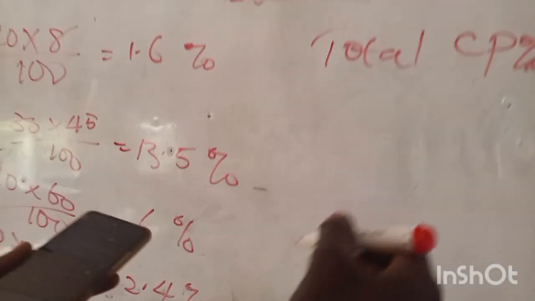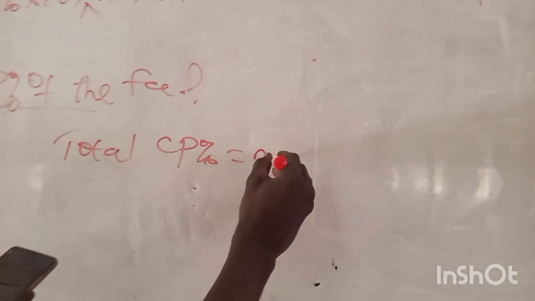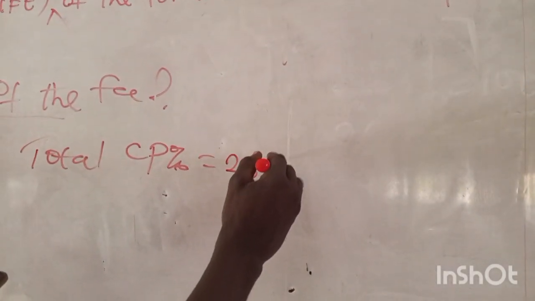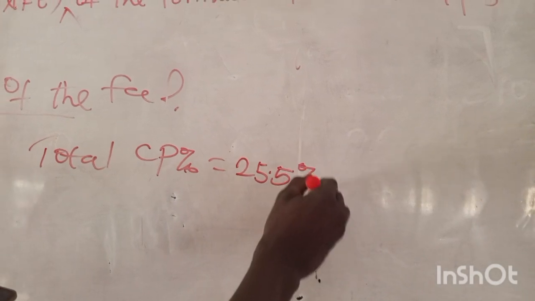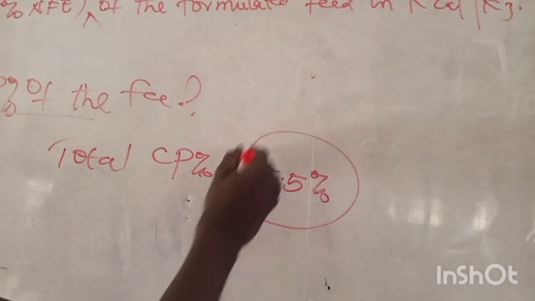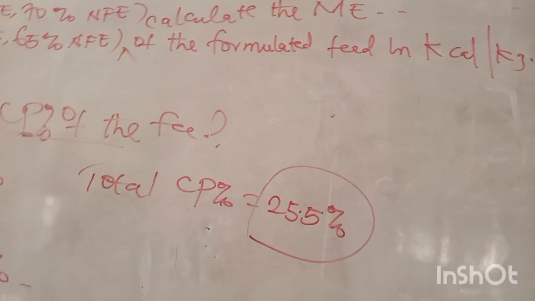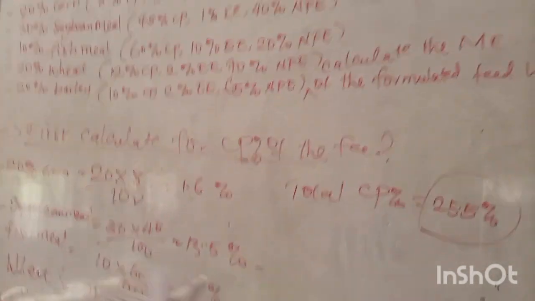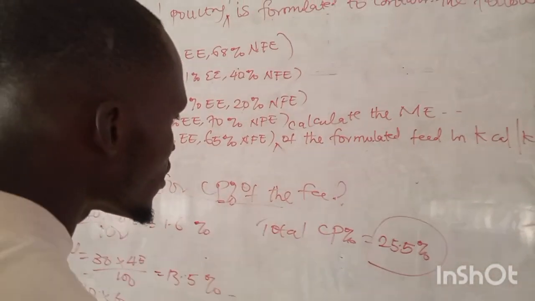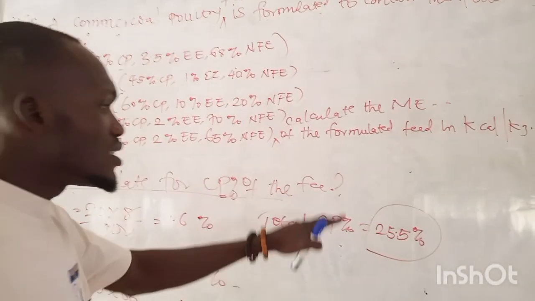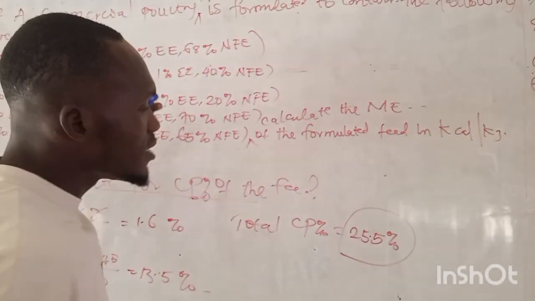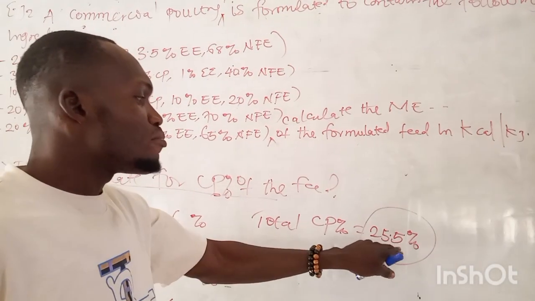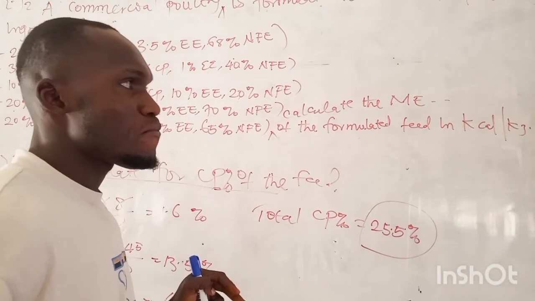It will give us 25.5%. Now, what does this mean? It means the total percent CP in this feed is 25.5%. Do you understand now?